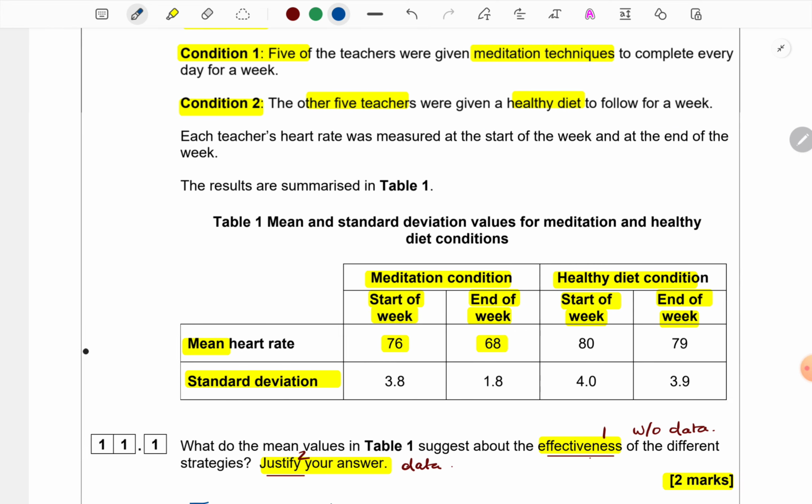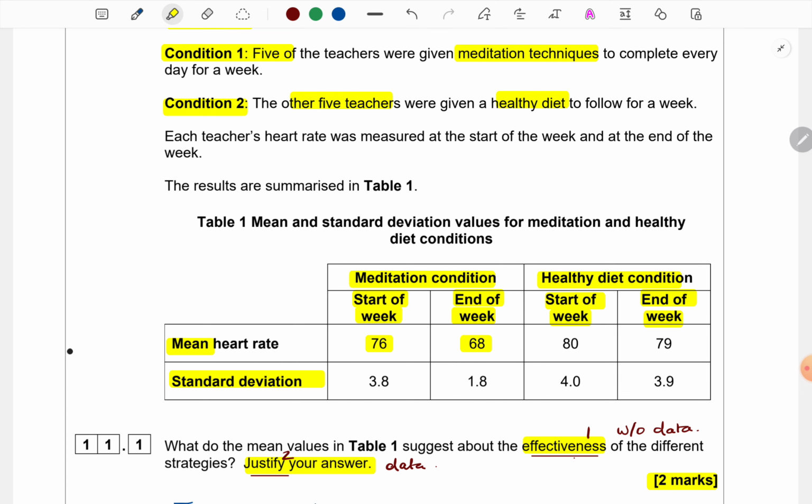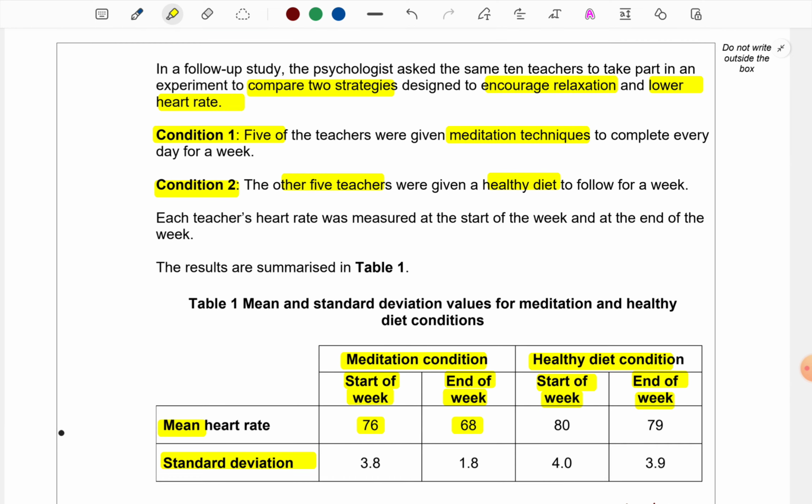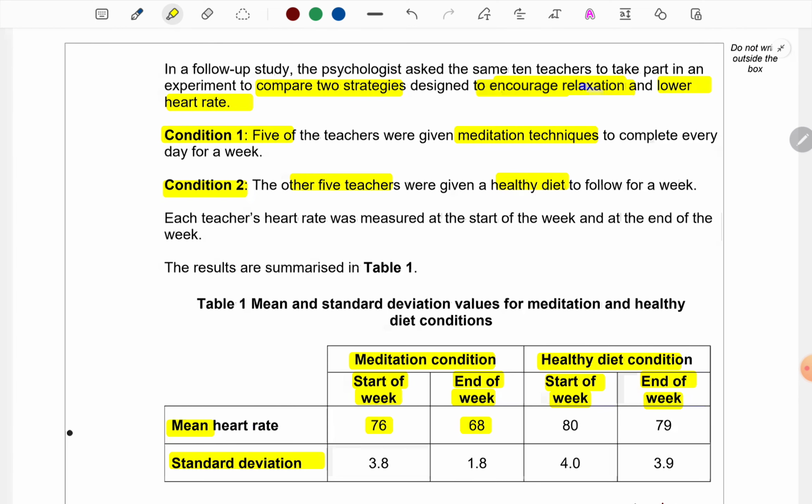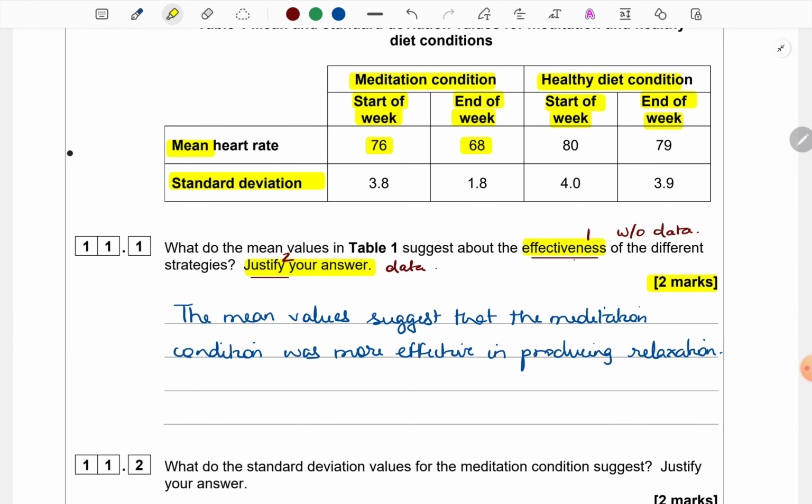This wording I'm getting from the top, from what we had read at the top, that the researcher wanted to encourage relaxation.